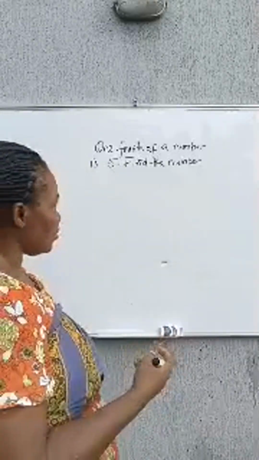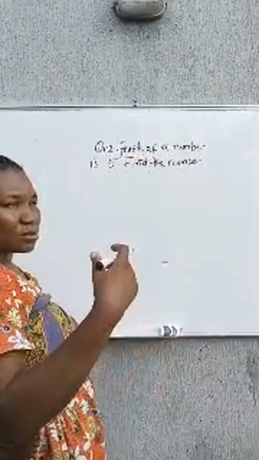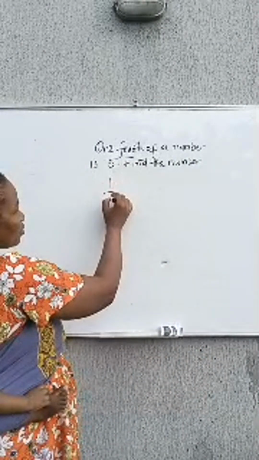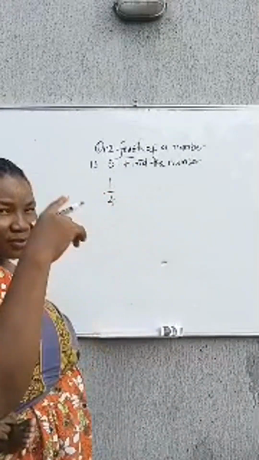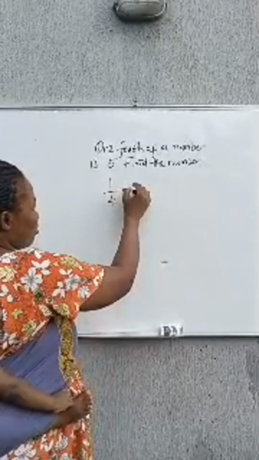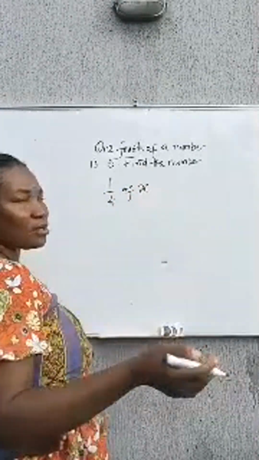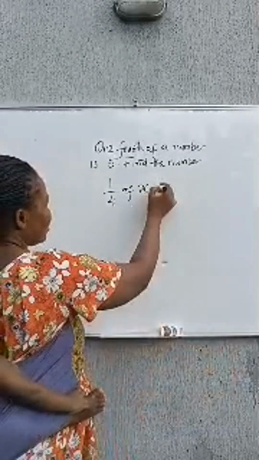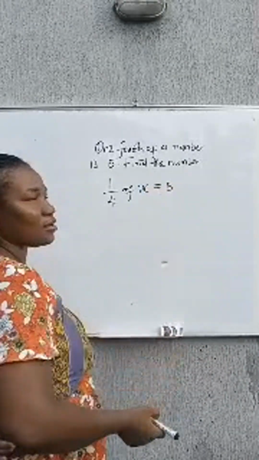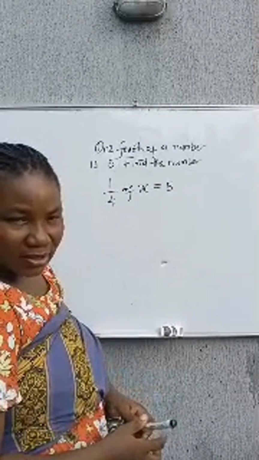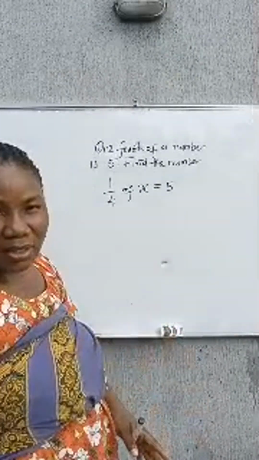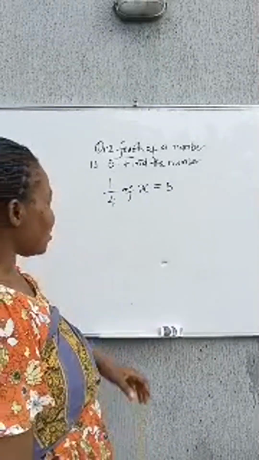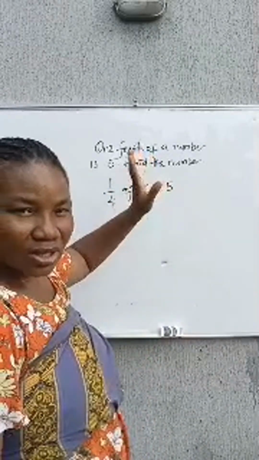Find the number. Now let's bring out this word problem in an equation. One fourth of a number, we don't know the number, so that number is x, is 5. One fourth of x is 5. Find the number. So we want to look for x.